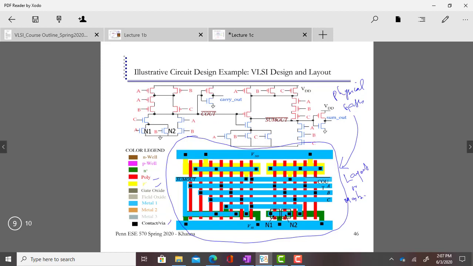In the later part of the course we will understand about the layouts. We will understand how we go from physical gates to layout. I think this is our goal in the second or third week. So we will understand how this schematic can be translated to this kind of layout or mask.